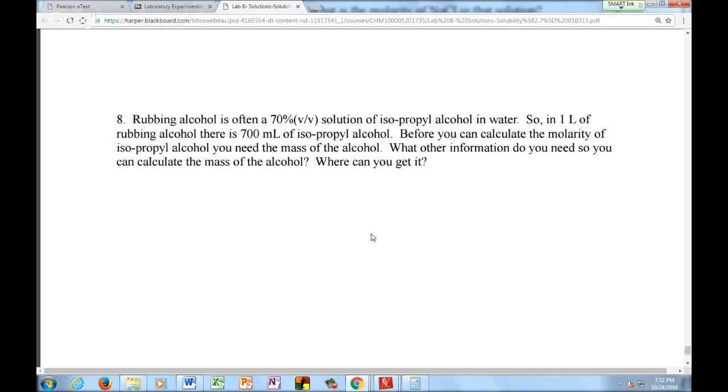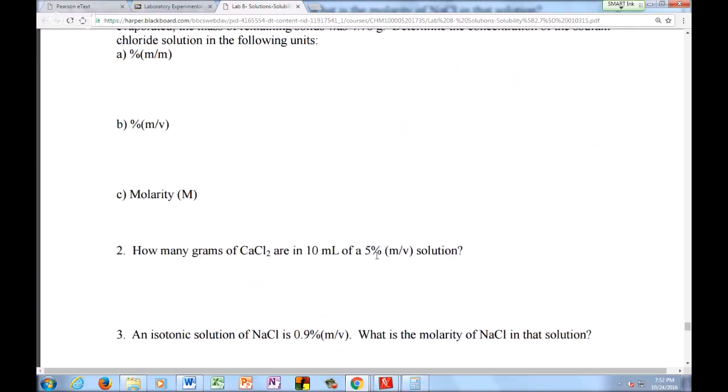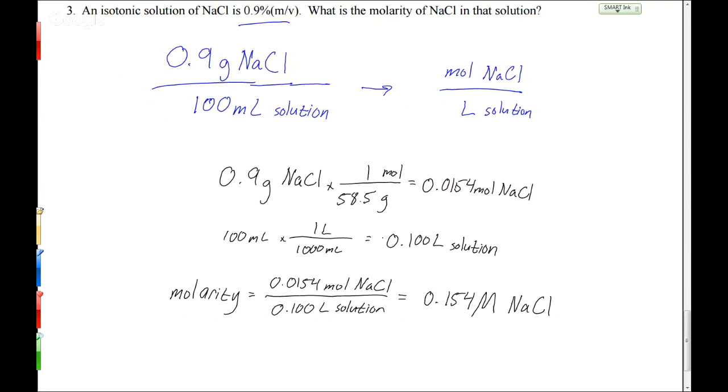So the molarity is the moles divided by the liters, so 0.0154 divided by 0.1, which is 0.154 molar NaCl. So we had to go grams to moles and then milliliters to liters.